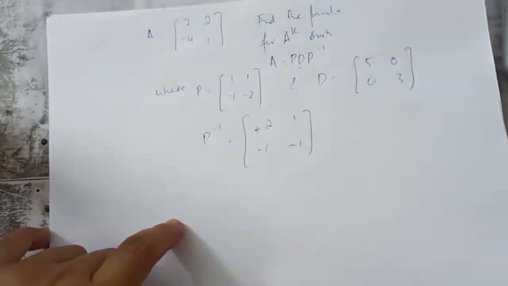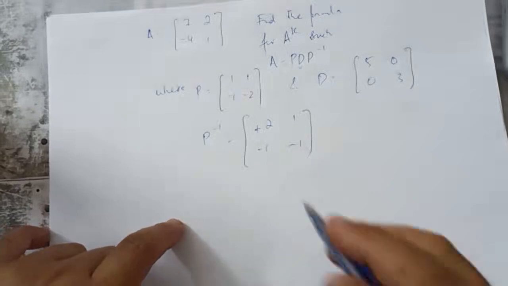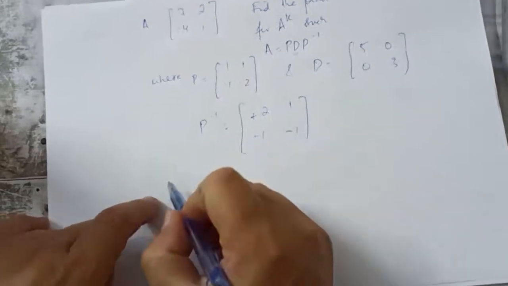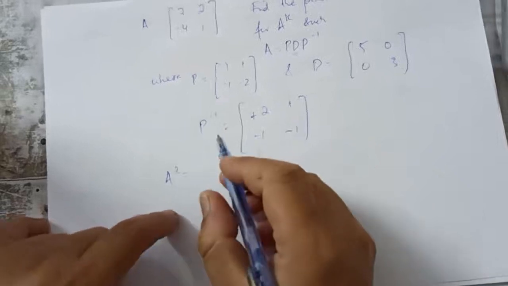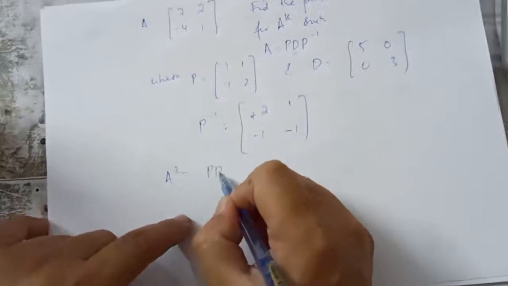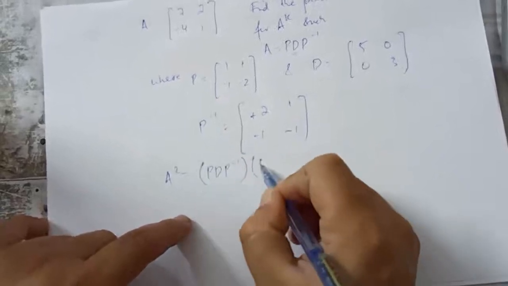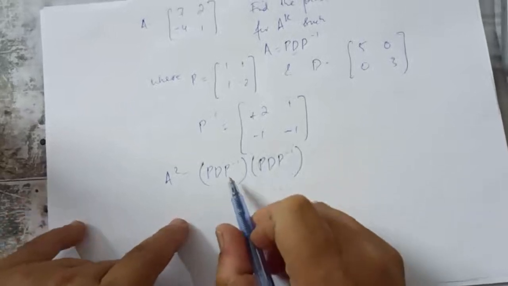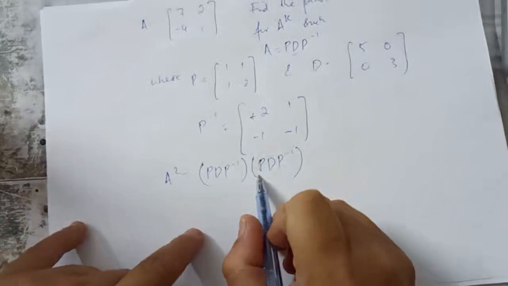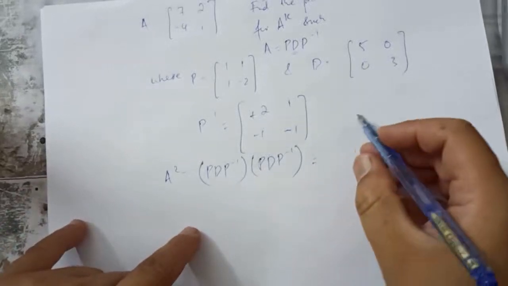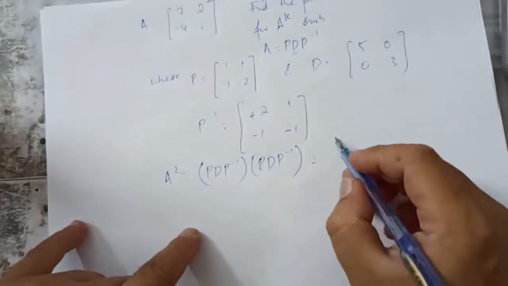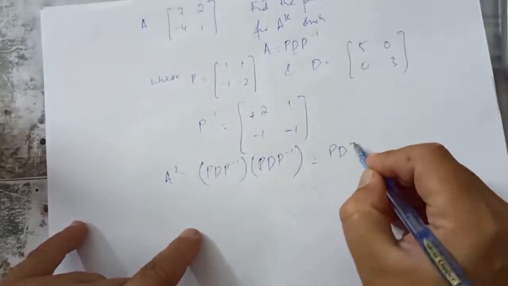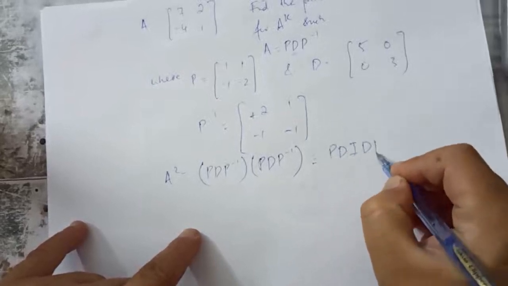Now similarly, we have A square as nothing but PDP inverse into PDP inverse. If I multiply them up, P inverse into P will be an identity matrix, and that will be quite easily PD into identity matrix into D into P inverse.